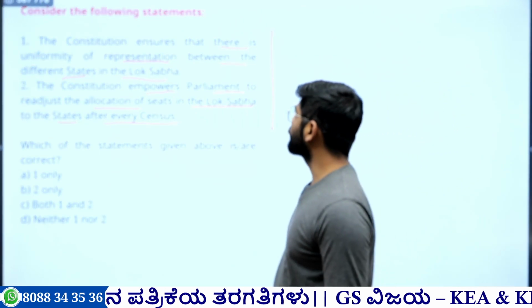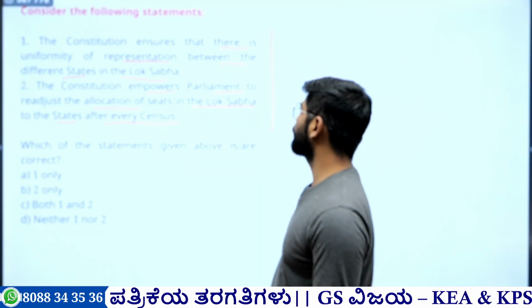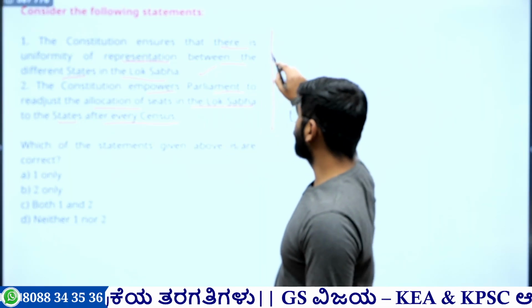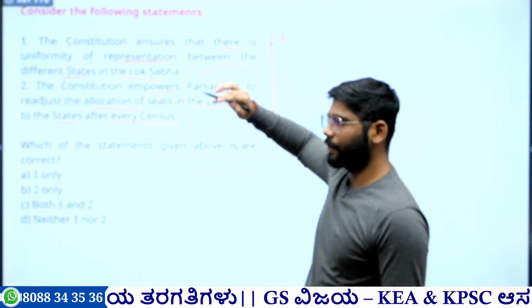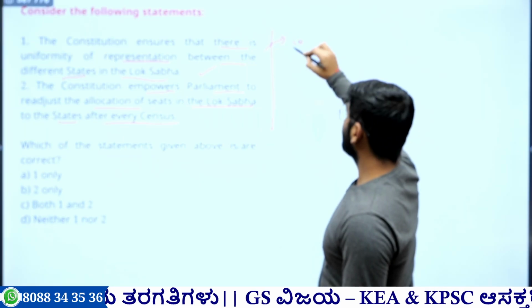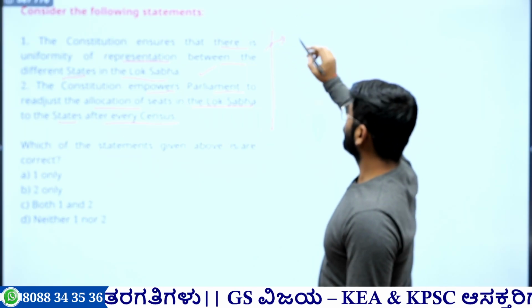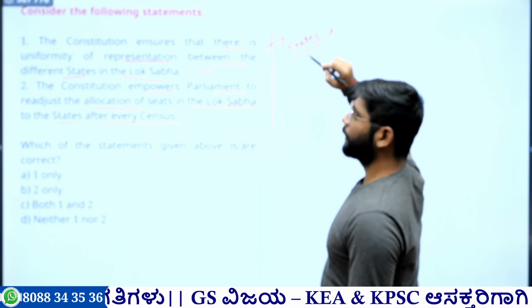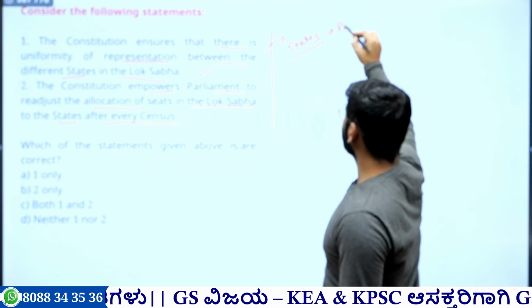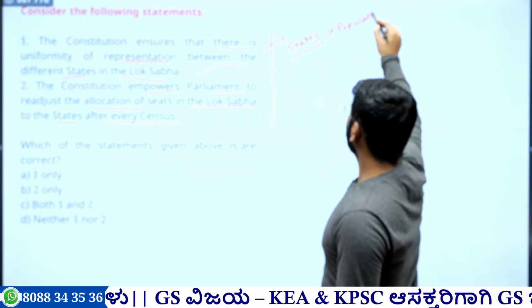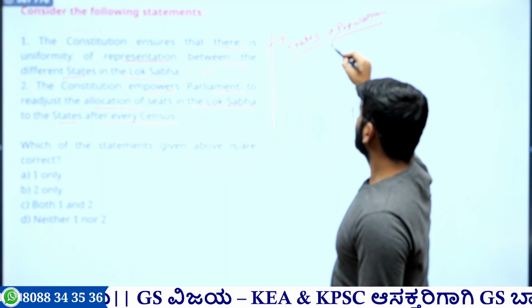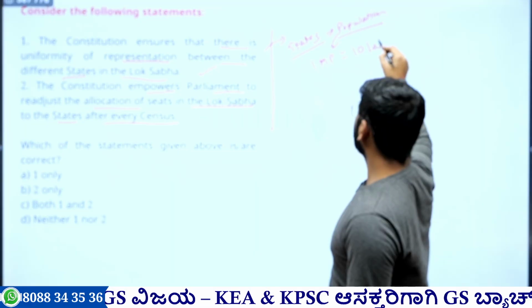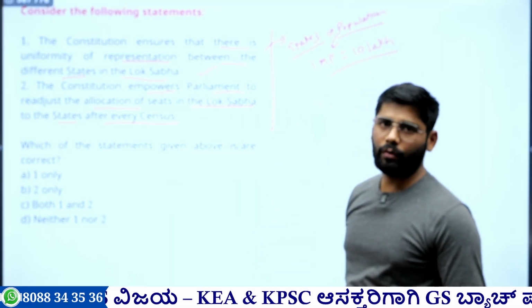The Constitution ensures that there is uniformity of representation between the different states in the Lok Sabha. Yes, because according to the Constitution, states will be represented based on their population, and there would be one MP behind every 10 lakh population or 10 lakh voters.